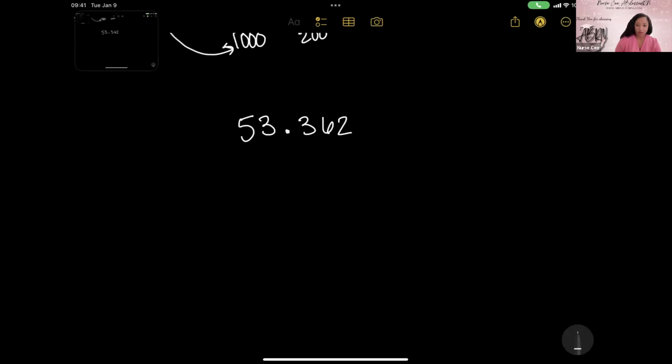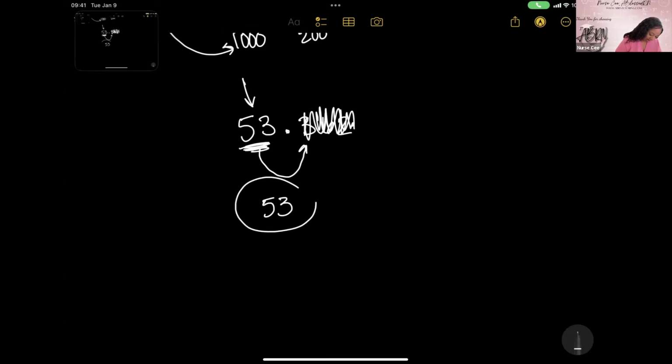So if we wanted to round to the whole number, we would start at your whole number. Then you go one decimal place to the right, which is going to be this 3 right here. If it's 4 or below, it's a no-go. So that means this number right here is going to stay the same, and then all of the other numbers will disappear. Okay. And that will be your answer.